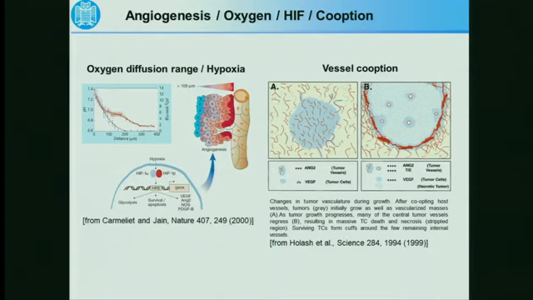Factor means you do not know exactly whether it's one protein, several proteins, or a gene expression pattern which changes. This then leads, among other things, to the production of growth factors, for instance vascular endothelial growth factor, which triggers endothelial cells to migrate and proliferate and so on.